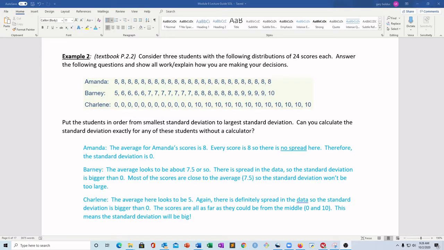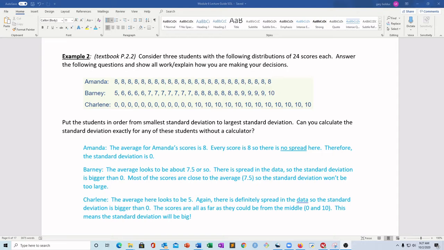Okay, so for example 2, we are diving back into section P.2 to talk a little bit more about means, medians, and standard deviations. So this problem is all about the standard deviation. It says consider 3 students with the following distribution of 24 scores each. So each of them are in a class where there were 24 quiz or homework scores, whatever you want to think of these as.